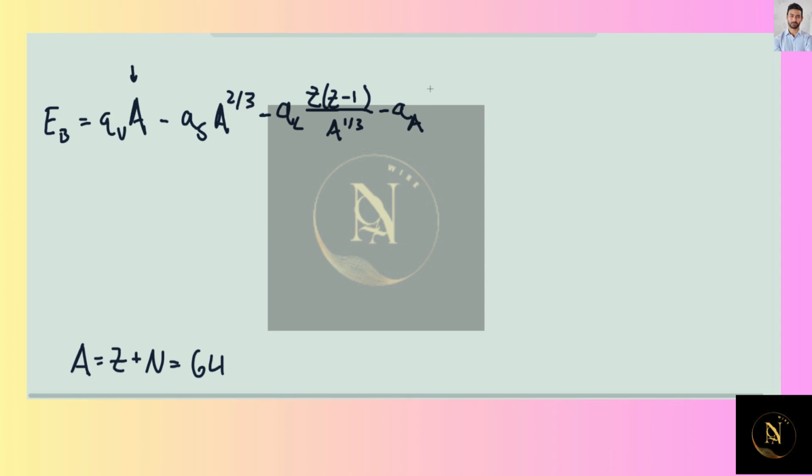Right, now we've got our asymmetry term. Sort of based around the Pauli exclusion principle.